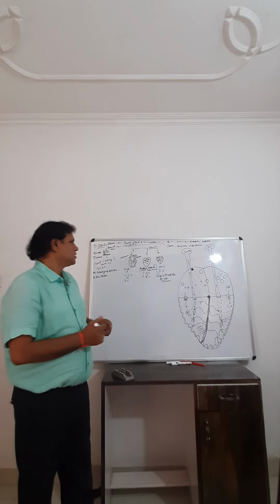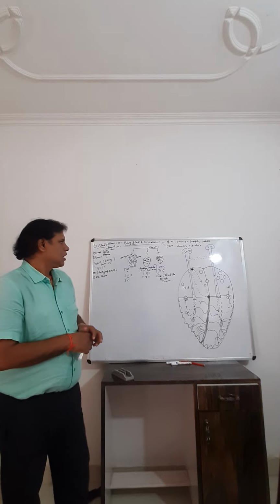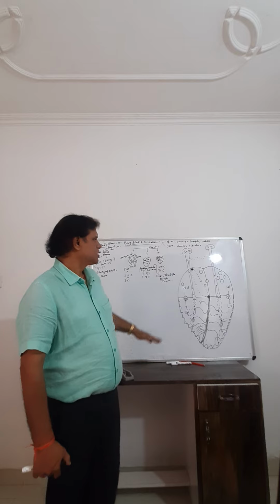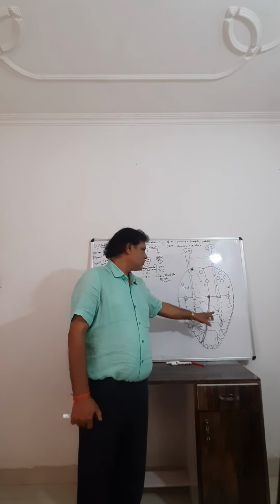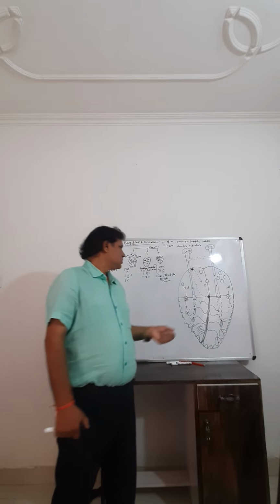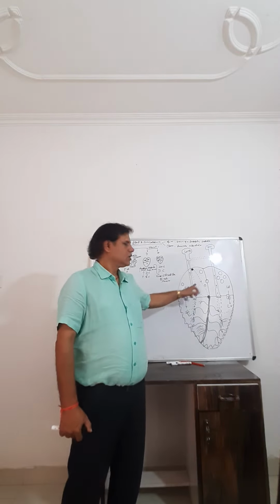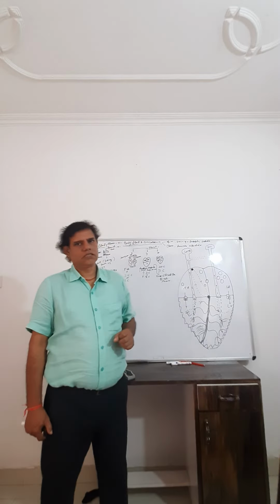Four chamber heart is present in the crocodile, birds, and mammals. And the structure of the human heart consists of the right auricle, left auricle, right ventricle, left ventricle. The openings in the right auricle are three: one from the superior vena cava, another from the inferior vena cava, and the coronary sinus.